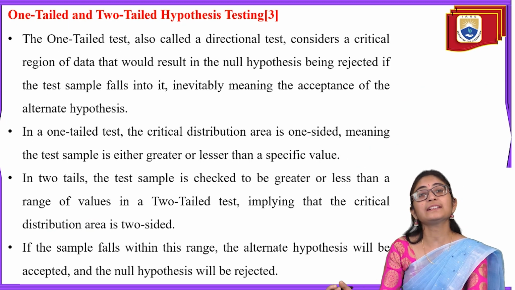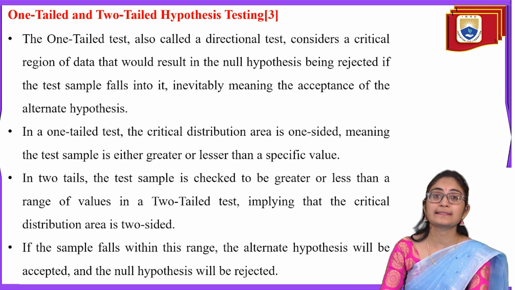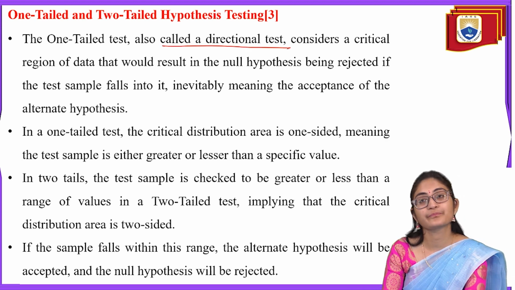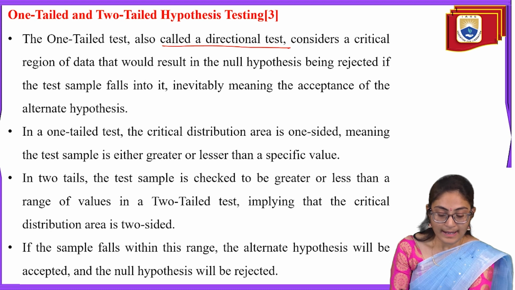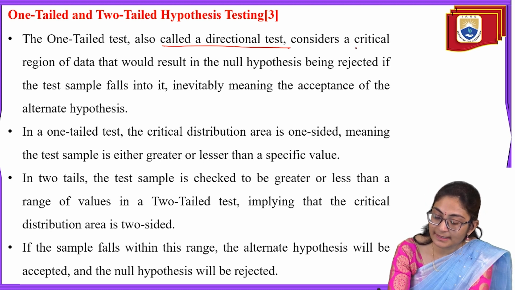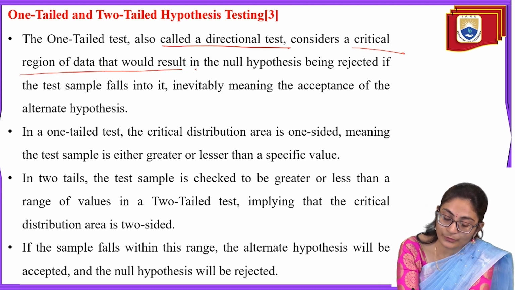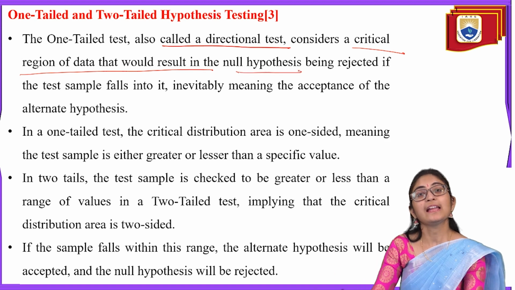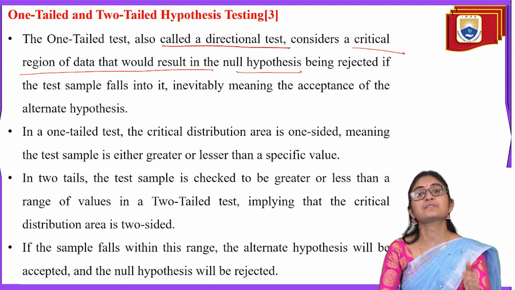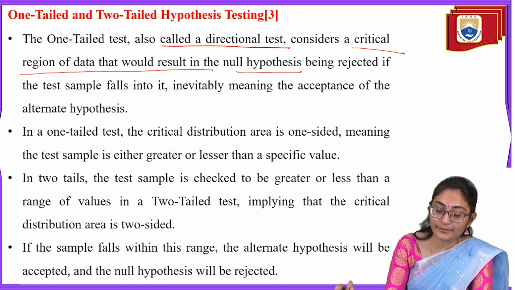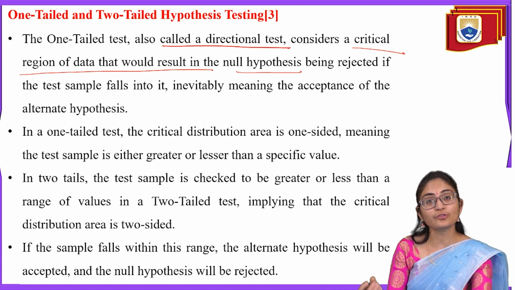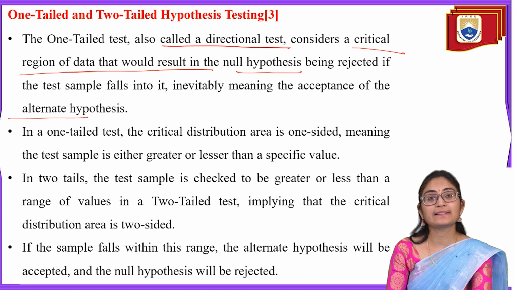Now we will see one-tailed and two-tailed hypothesis testing. The one-tailed test is called the directional test. Consider the critical region of data that would result in the null hypothesis being rejected if the test sample falls into it, and inevitably, the acceptance of the alternate hypothesis.